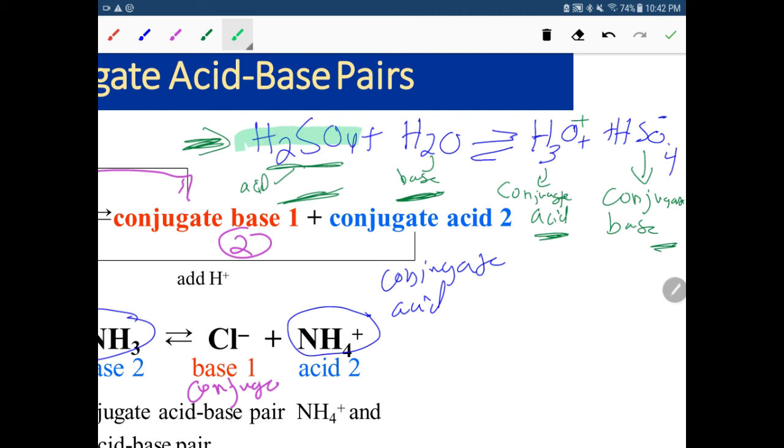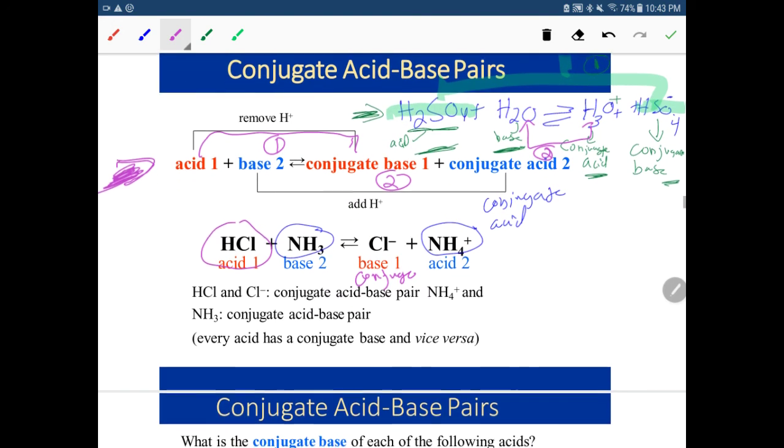This is our acid in the reactant side, and its corresponding conjugate base is HSO4 minus. So these are our conjugate acid base pair. This is the first one. The second pair is going to be between H2O and H3O plus. So this is the second pair of conjugate acids and bases.